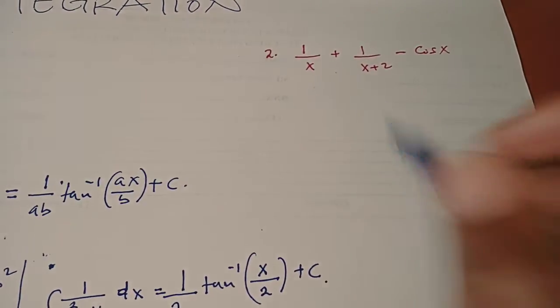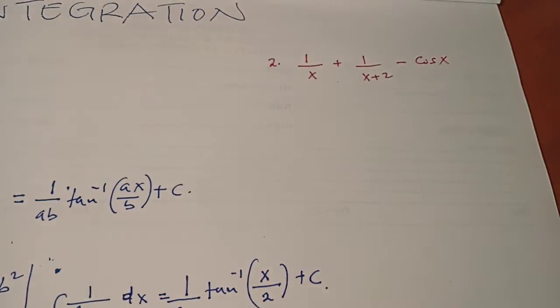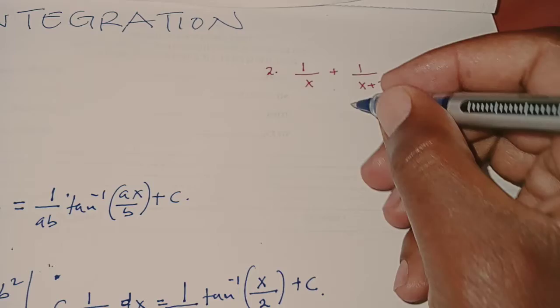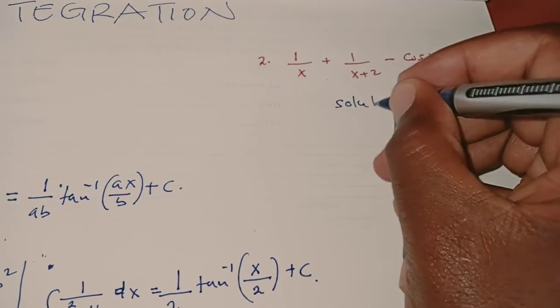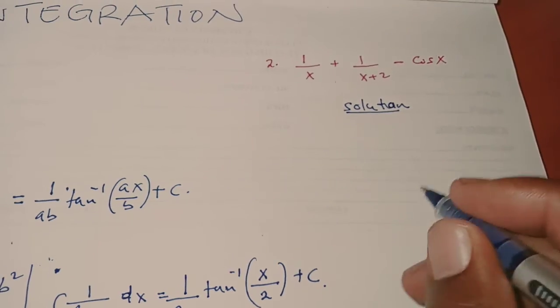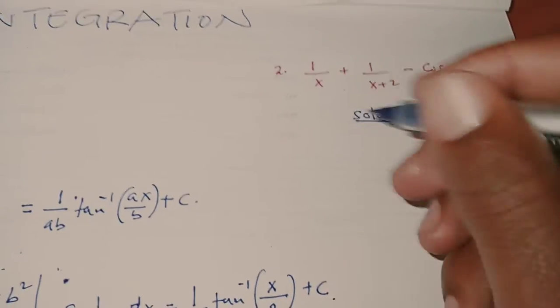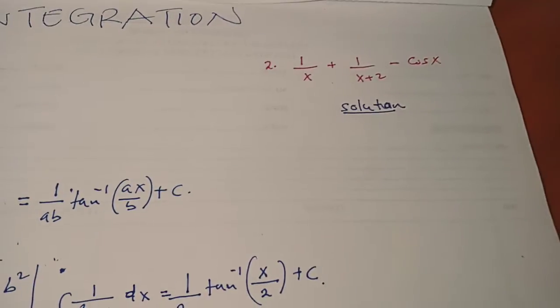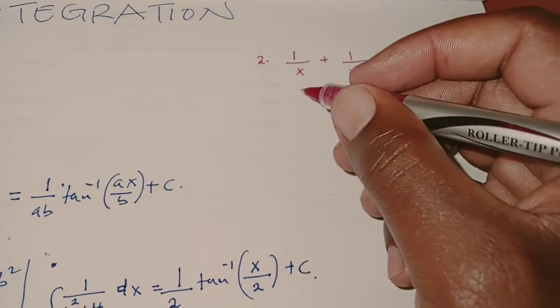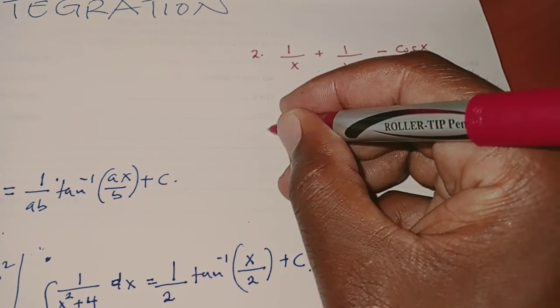It is a combination of rational functions, and among them is also a trigonometric function. So solution, to integrate 1 over x, we have a natural log of x.